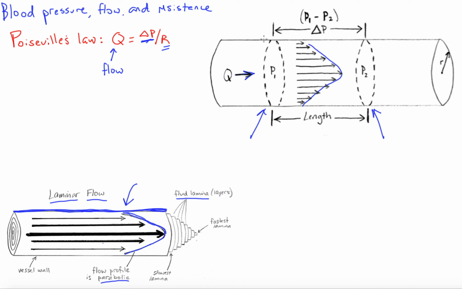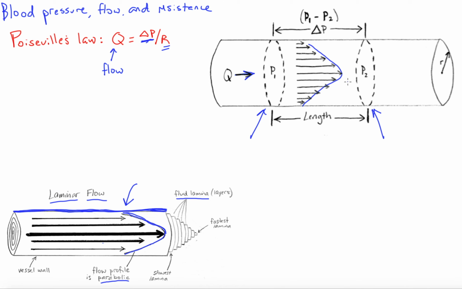We could say delta P is your blood pressure, literally, because your blood pressure coming out of the heart has a mean of, I'm going to round up here, about 100 millimeters of mercury, and the blood pressure in the atria of your heart is about 0, almost, not quite, which means your delta P is essentially 100 millimeters of mercury, almost. That would be the delta P for the entire circuit, and we could use that value to help us determine what flow would be, if we want to talk about the whole circuit.